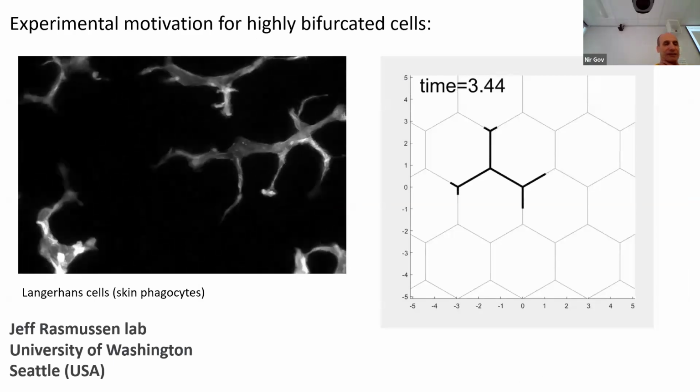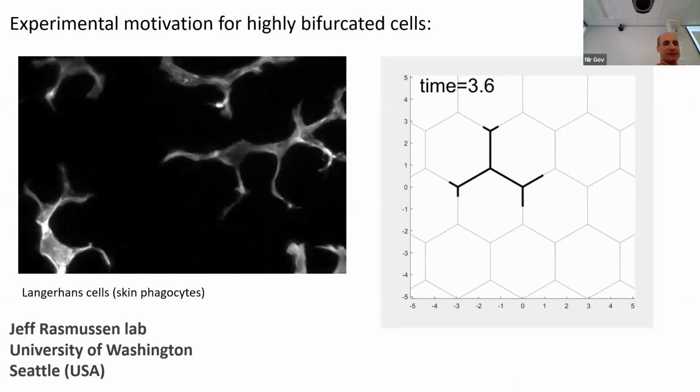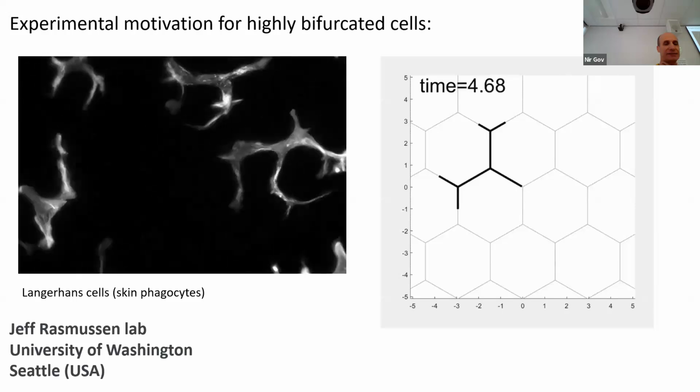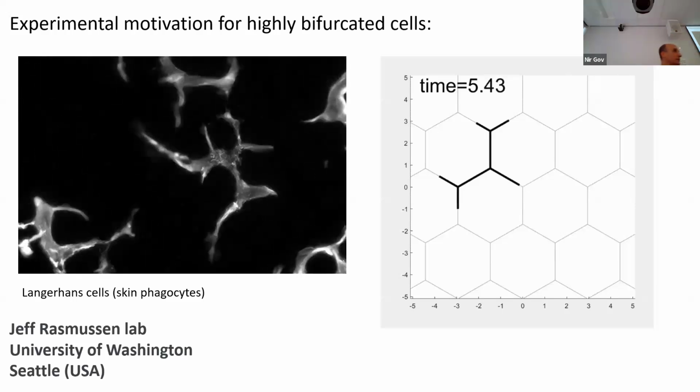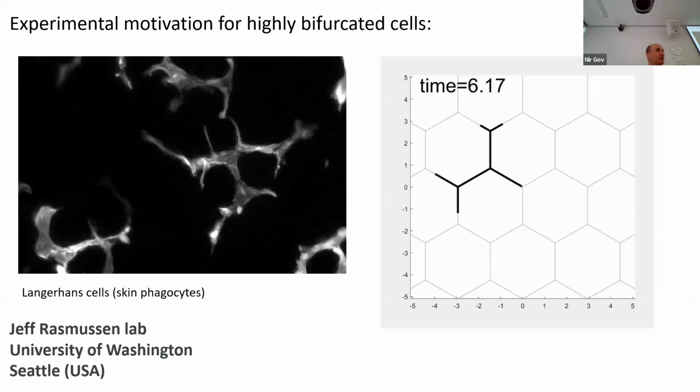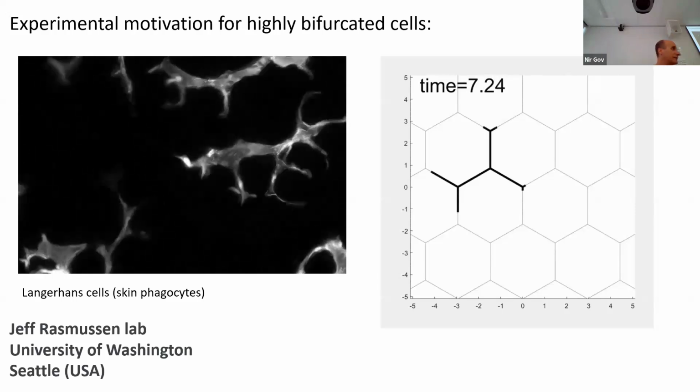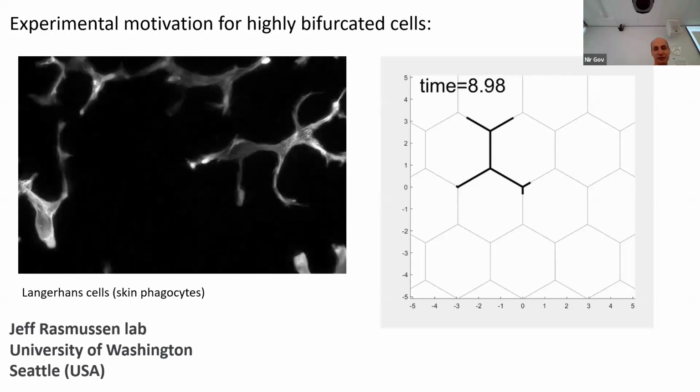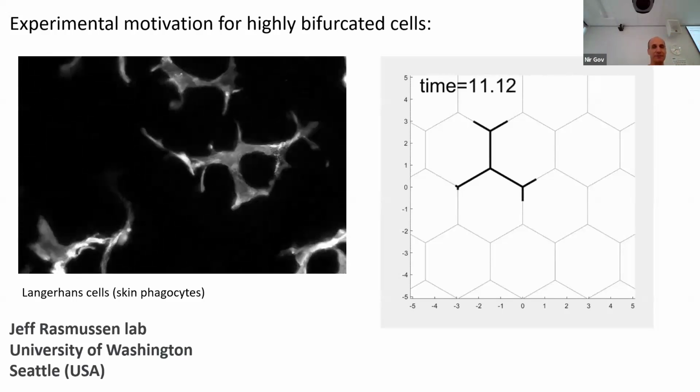The cells are not moving very much, but they're clearly highly branched, most like this hexagonal network of the cells that they are trying to squeeze around them, and they are constantly searching for pathogens and infection, and that's what keeps us alive.